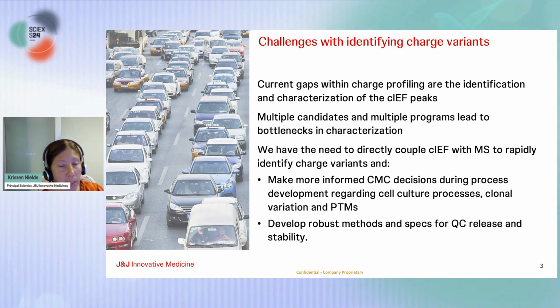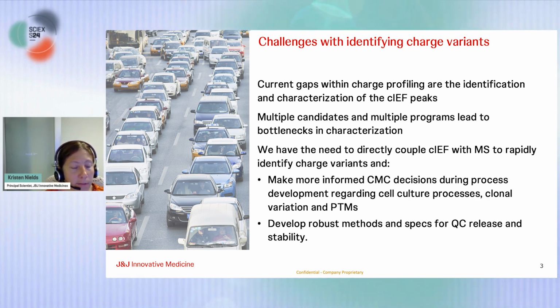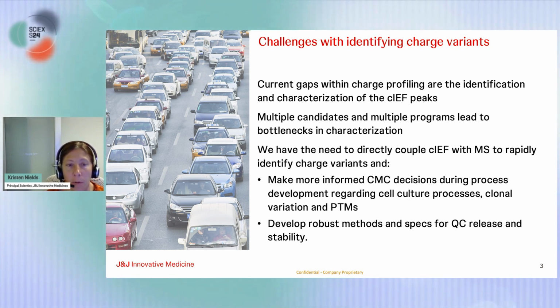And charge heterogeneity, as being a CQA, has always been quite a gray area on identifying what all of those charge variants are and how any process inputs are going to impact them downstream from us once we start to design a clinical process.